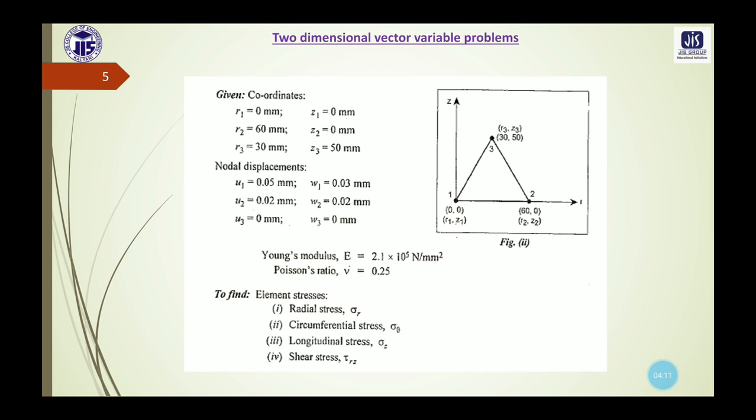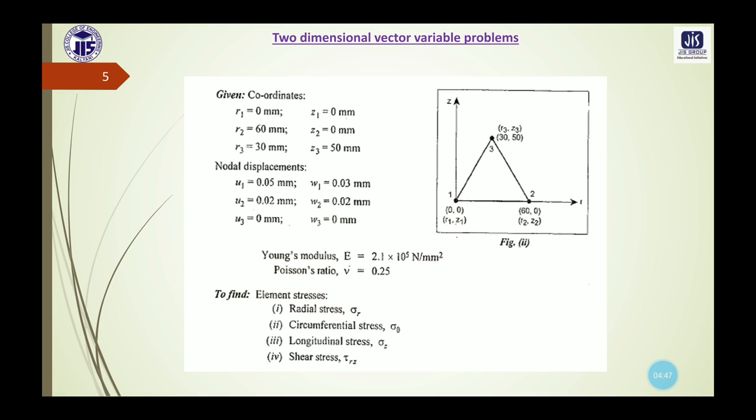And the nodal displacements are given: u1 is 0.05 millimeter, w1 is 0.03 millimeter, then u2 is 0.02 millimeter and w2 is also 0.02 millimeter, then u3 is 0 millimeter and w3 is 0 millimeter. Young's modulus is 2.1 into 10 to the power 5 Newton per millimeter square, and Poisson's ratio is 0.25.